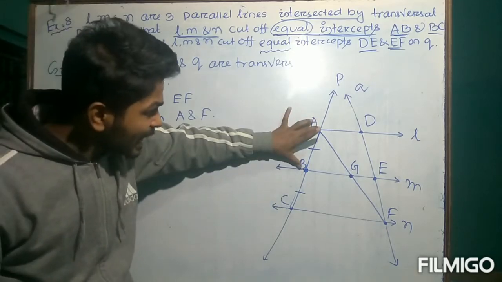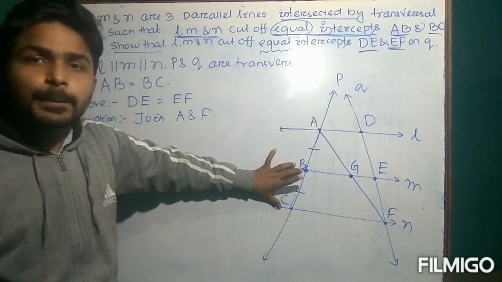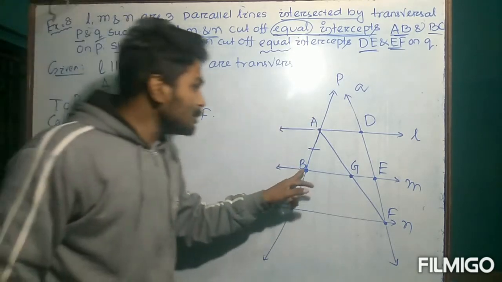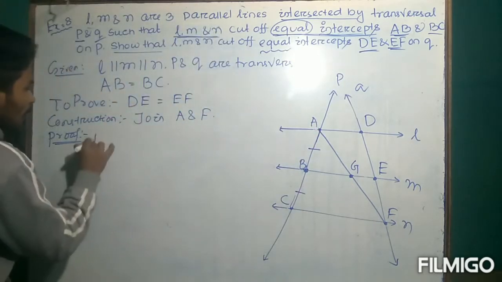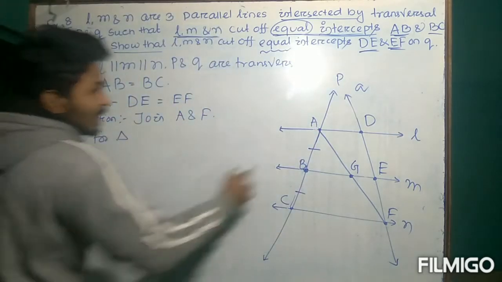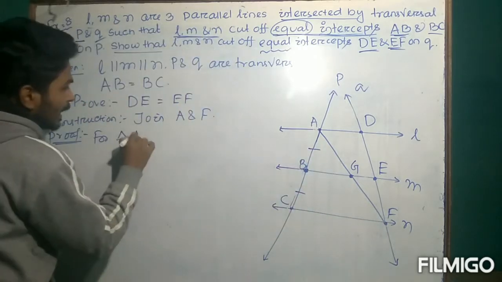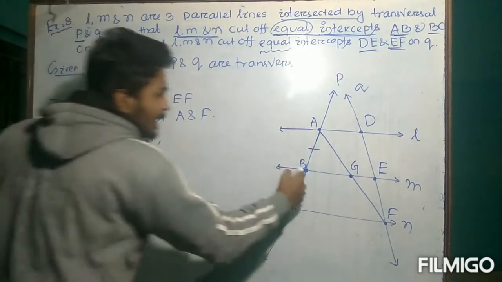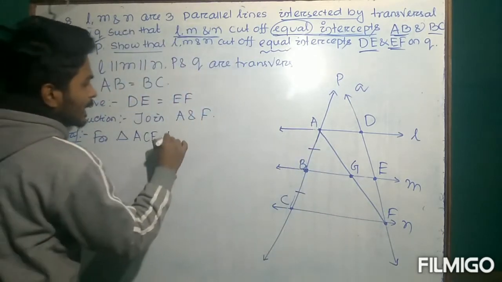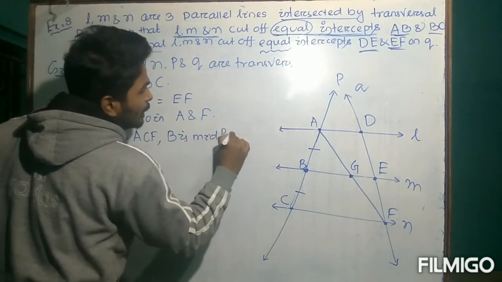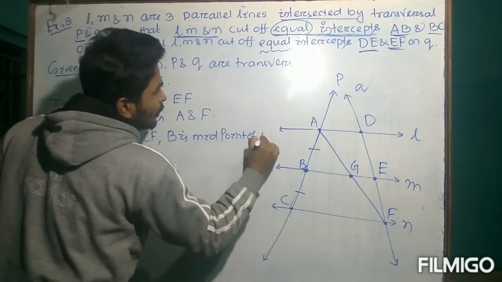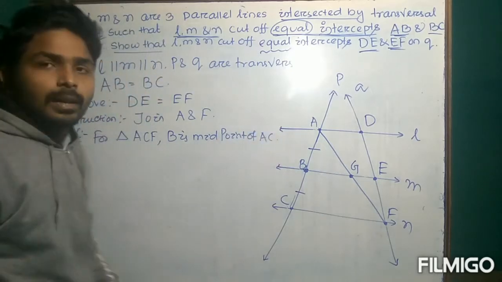It means the distance AB is equal to the distance BC. So ultimately we can say that B is the midpoint of this side AC. Clear? So for triangle ACF, B is the midpoint of AC. Is it clear?